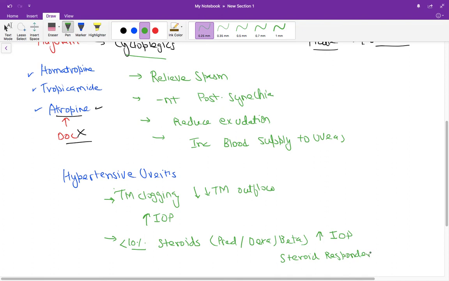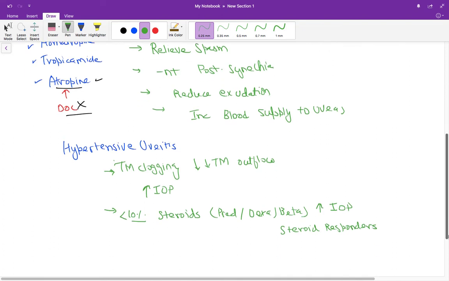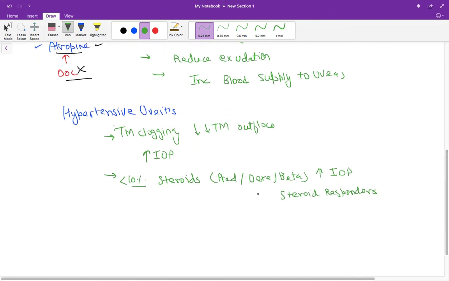In steroid responders, the cause of rise of intraocular pressure is the sensitivity to the steroids. So, what would be the drug of choice? Remember, 90% of the cases are because of the trabecular meshwork clogging that causes a decrease in trabecular meshwork outflow. So in these cases, the drug of choice is definitely the steroids, because as soon as you use the steroids, the inflammation goes down and that decreases the pressure itself.